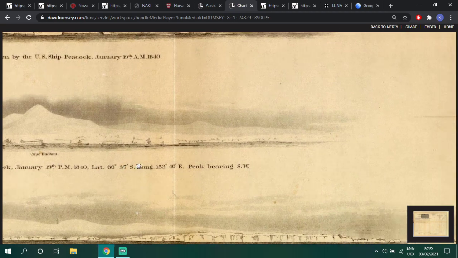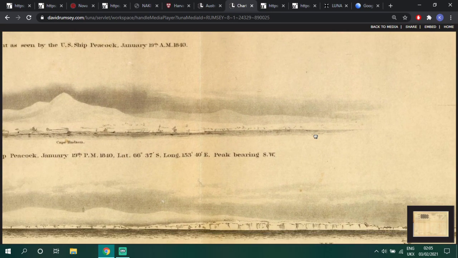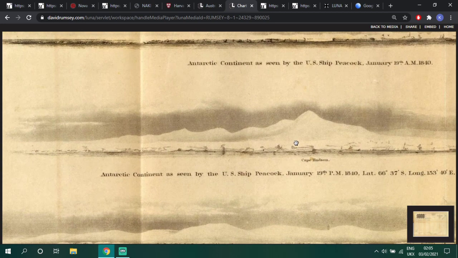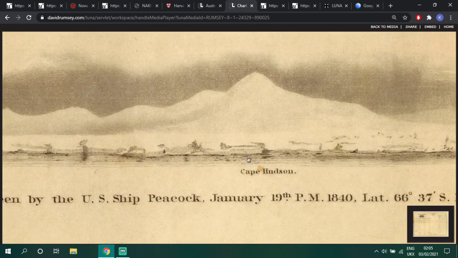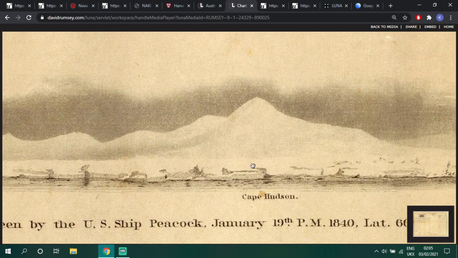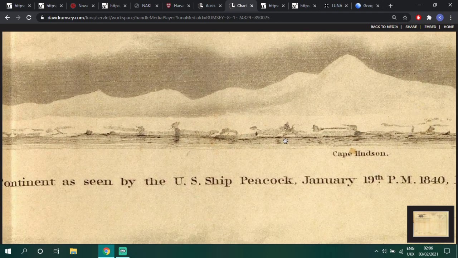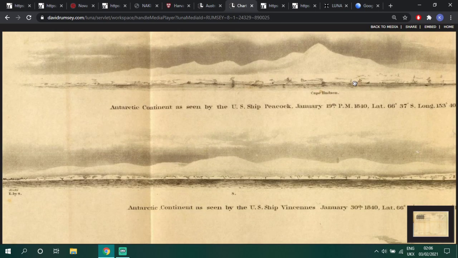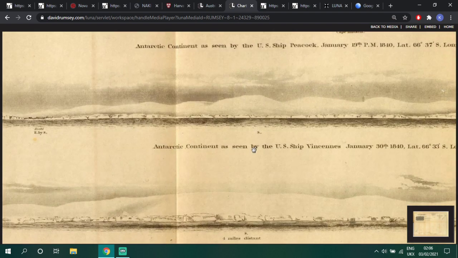And it's beautiful. You can zoom right in. Doesn't look that big though, does it? I reckon you could get a ship and climb onto that, no problem.